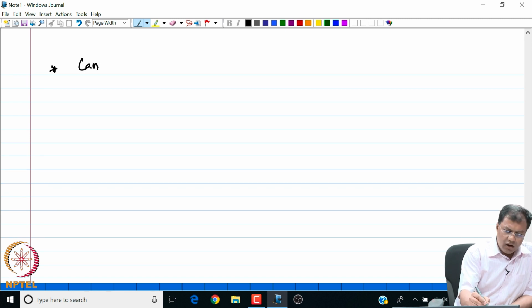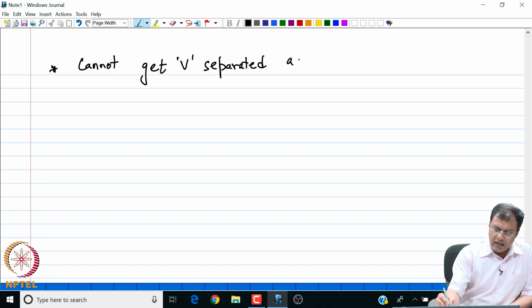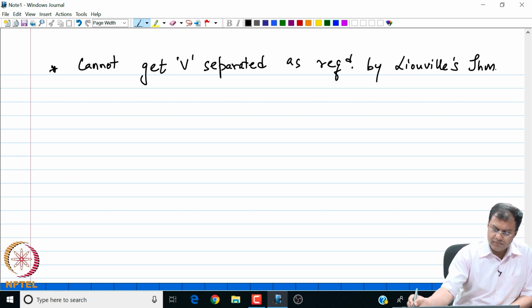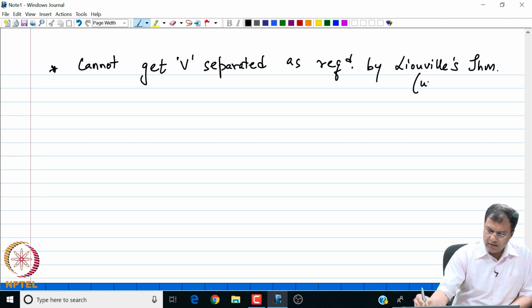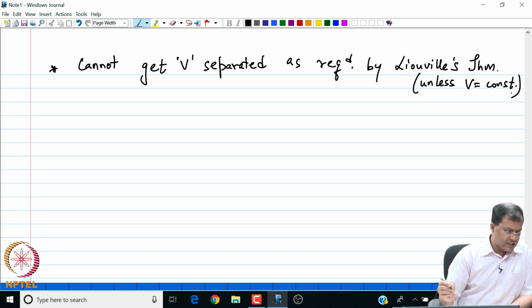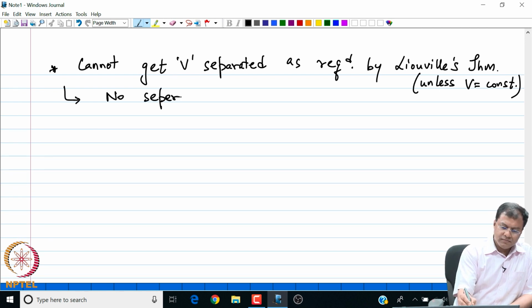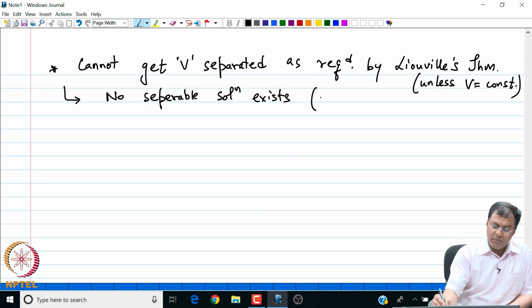We cannot get V separated, as required by Liouville's theorem, unless V is equal to a constant, which means no separable solution exists for the same problem in Cartesian coordinates.